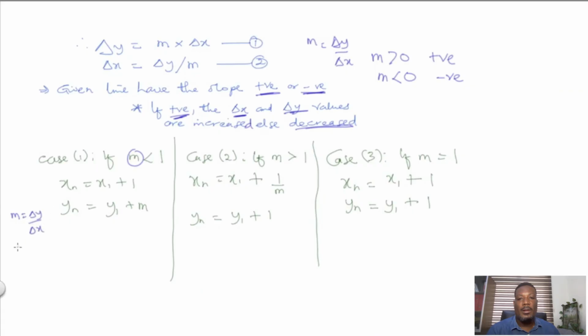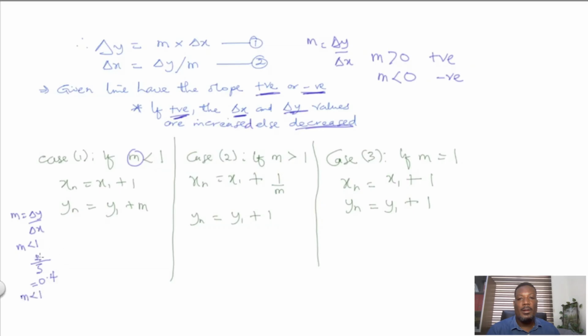So if m is less than 1, assuming the change in the y coordinates is, let's say, 2, and the change in the x coordinates is, let's say, 5, then the value we will get over here will be 0.4, which is less than 1. So in this case, m will be less than 1.